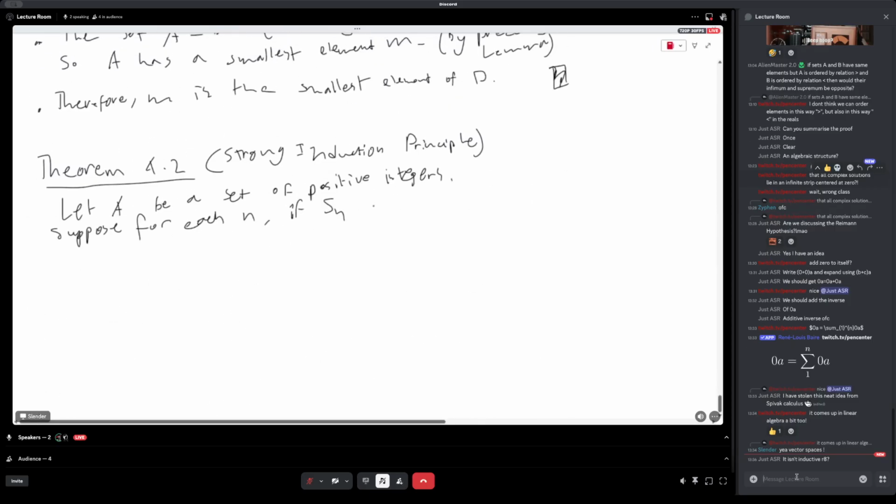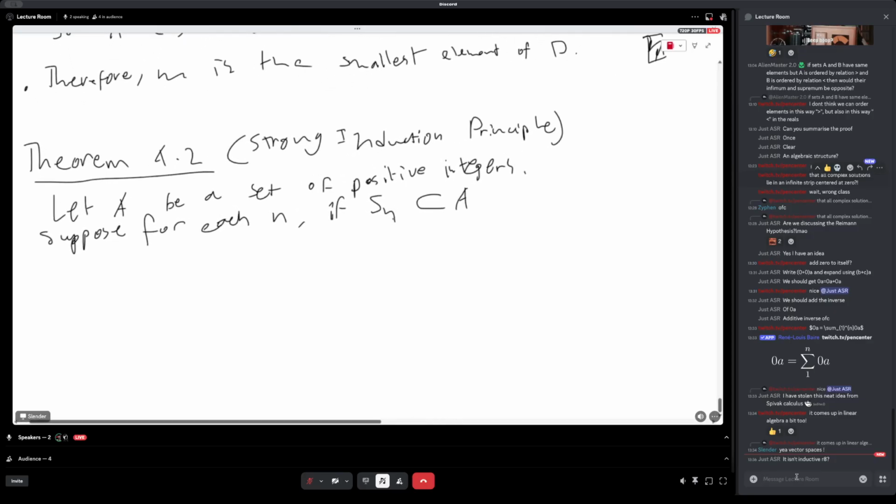So if Sn is a subset of A, actually I should say, if this statement implies that n belongs to A, then A is equal to Z plus.